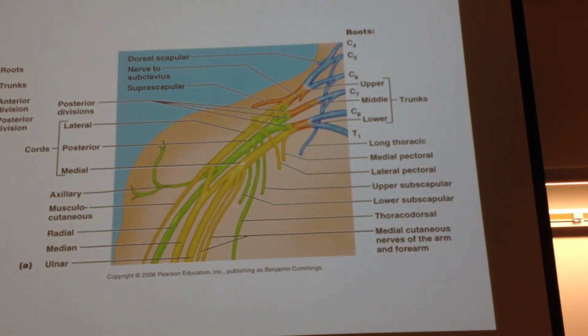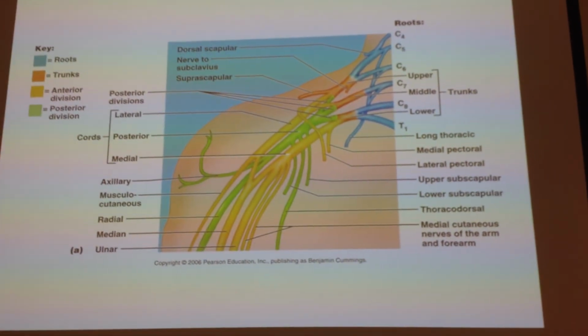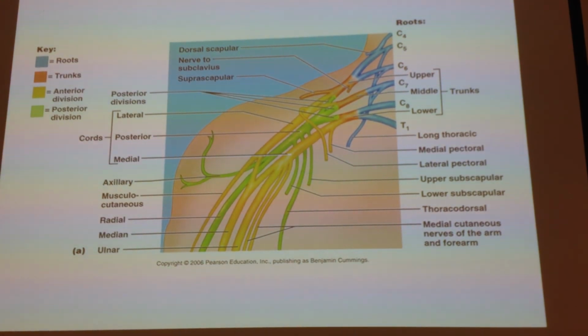All right, so brachial plexus, by the time we follow the brachial plexus into the upper extremity, it's formed 3 cords. These are listed in your lab material, as well as in your lecture notes. And so we're here in the axillary area. The green cord is known as the posterior cord. And then we have a lateral cord and a medial cord.